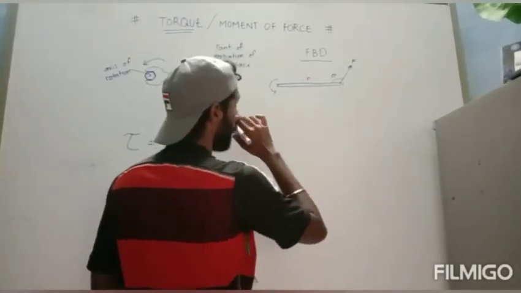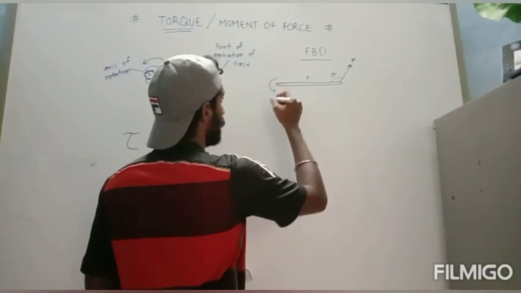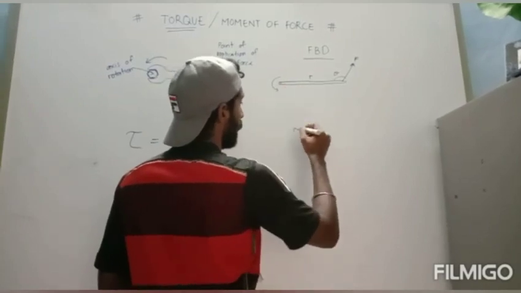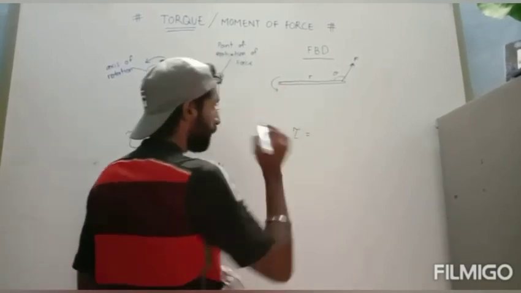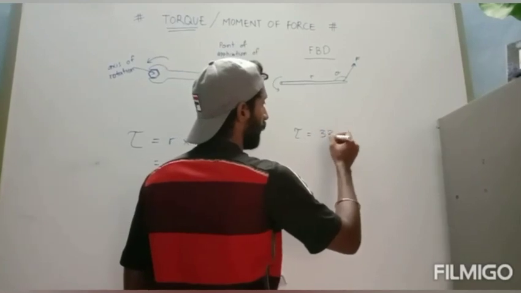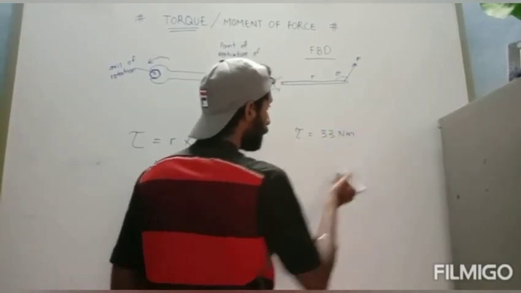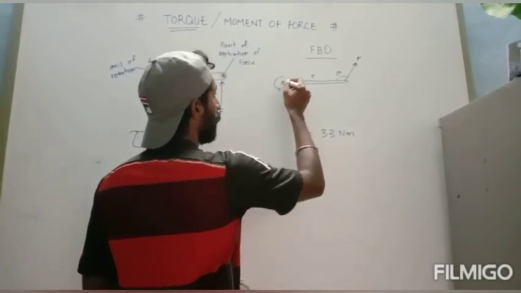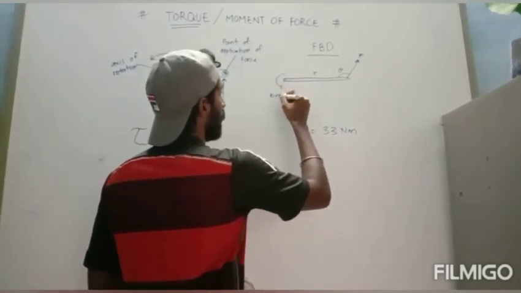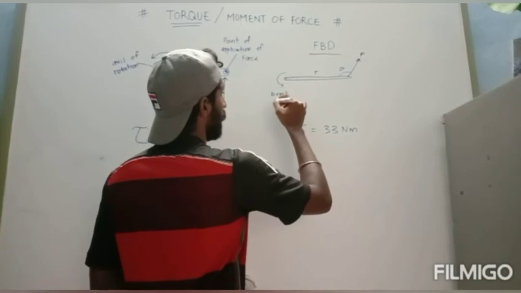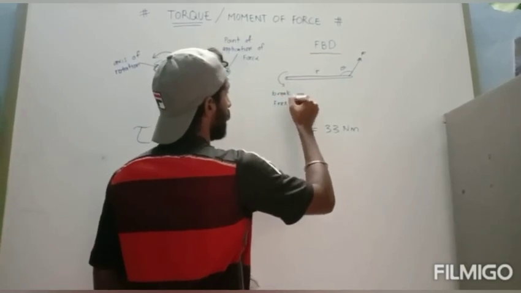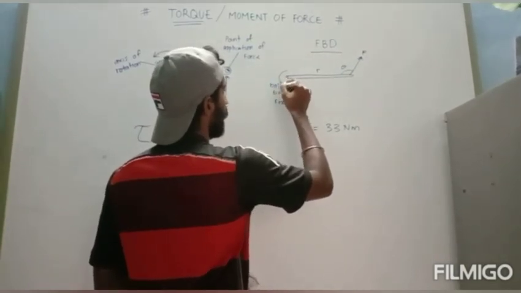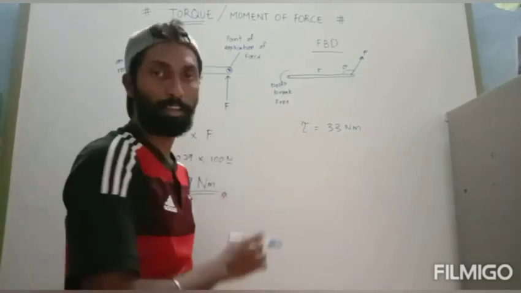Let's say the torque is 33 Newton meter. This is where the bolt starts to break free.